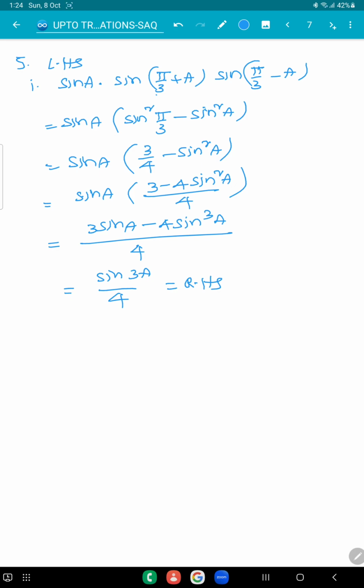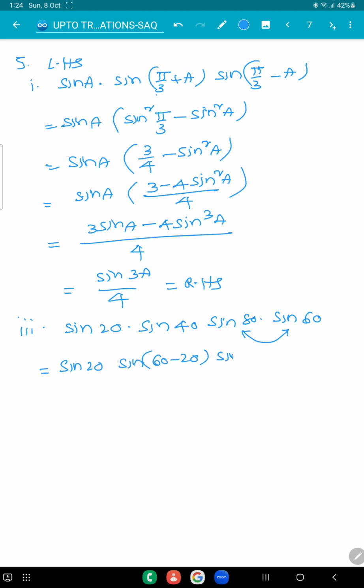So let us do simultaneously the third one also. What is given here? Sin 20, sin 40, sin 80, sin 60. Now see this one. I wrote sin 80 and 60, interchanging the position. Why I wrote like that? Just understand. This is sin 20. This is sin 60 minus 20. Sin 60 plus 20.